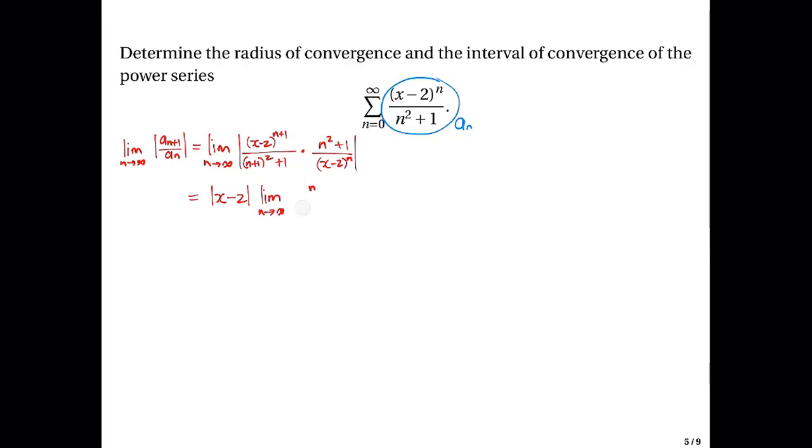So you will just have n plus 1 quantity squared plus 1. And again, as n approaches infinity, this just goes to 1. Which means that this is just absolute value of x minus 2.